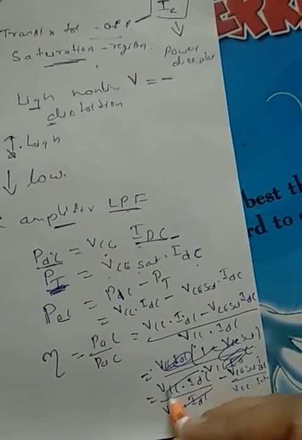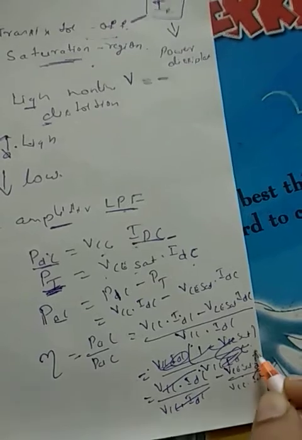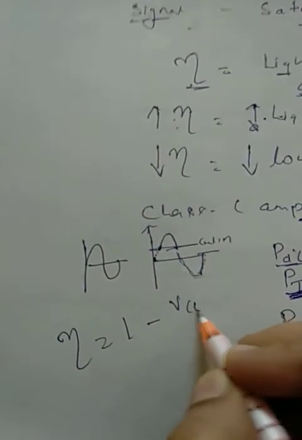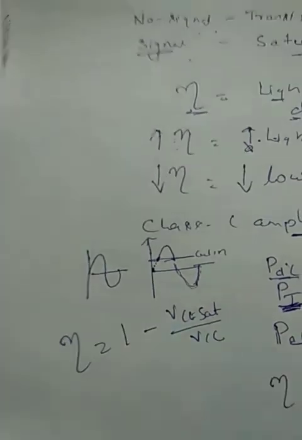So VCC IDC will get cancelled, and I will be left with eta is equal to 1 minus VCE saturation divided by VCC.